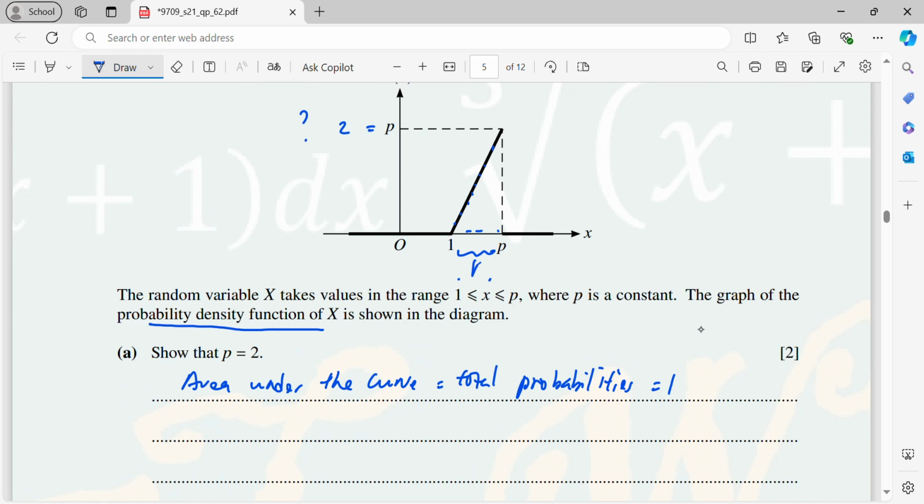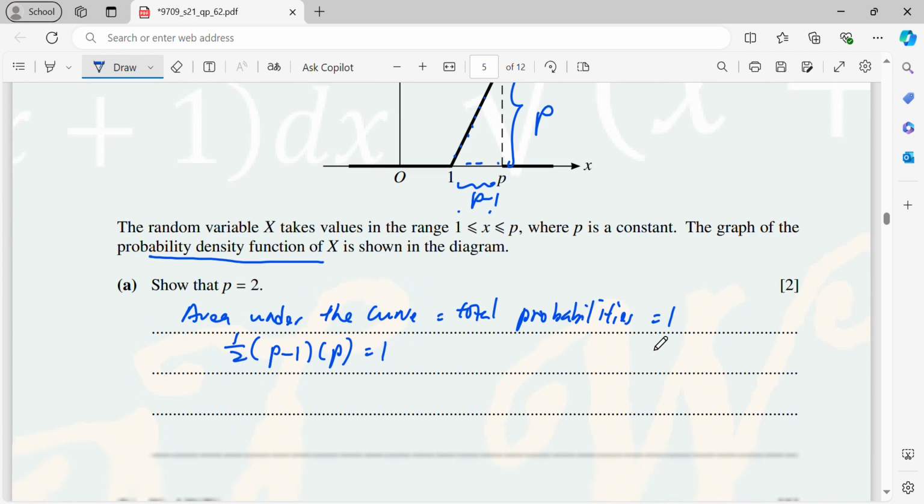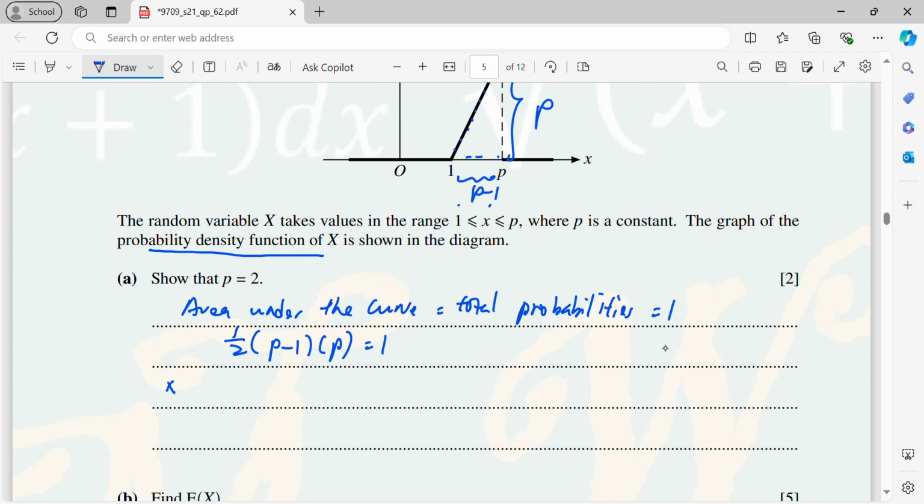So here is p minus 1 unit and this is p. Alright, so half times base times height will be 1. Now we need to show p is 2, so times 2 to the whole equation. I will get p squared minus p equals 2.